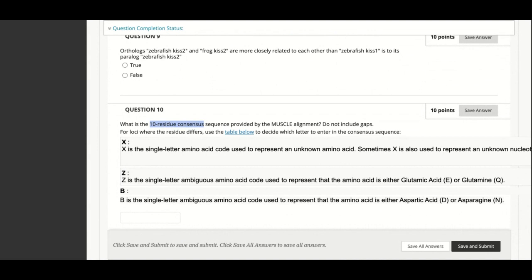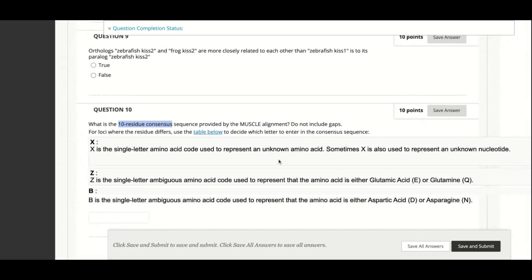So when you write the sequence, you would write an X if it's some unknown amino acid, meaning there's so much variation in that position that you just put an X in your consensus sequence.